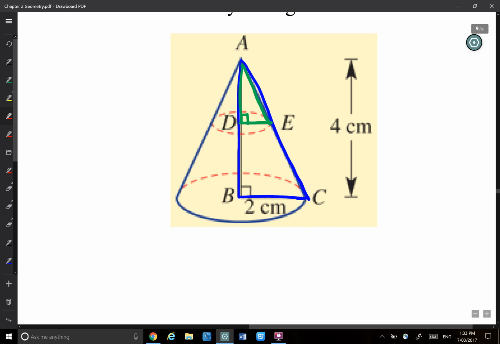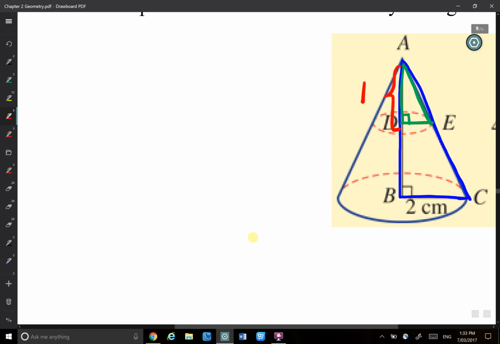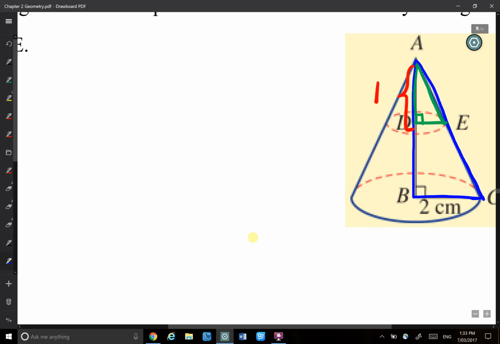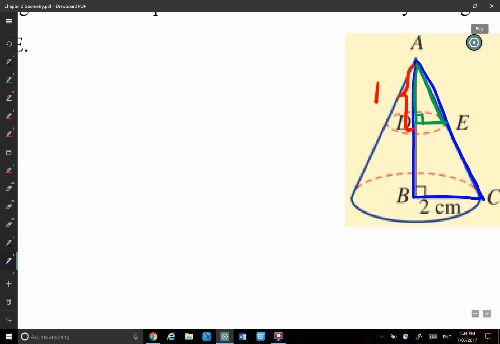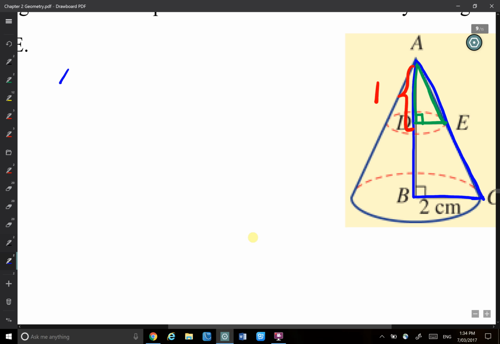So what we know is AD is 1, and I also know AB is 4. So what I will write is the angle ADE equals the angle ABC equals 90 degrees. That's given. And the angle DAE equals the angle BAC.